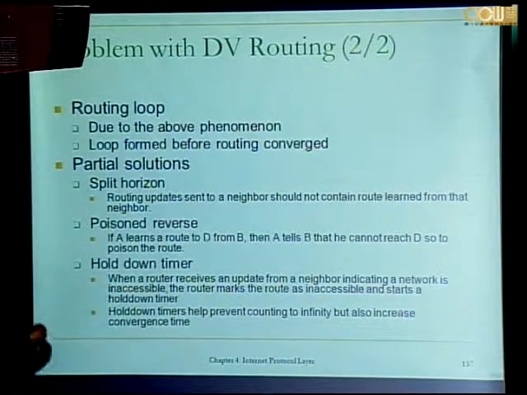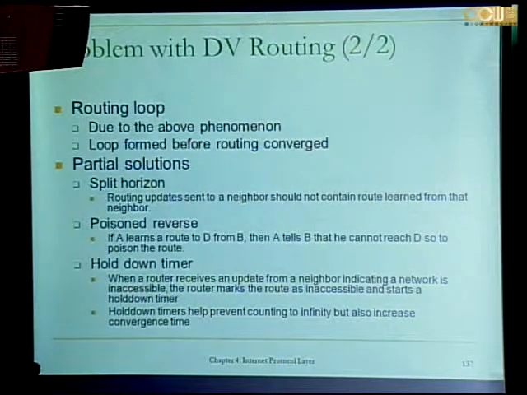And Poison reverse is similar. It says that if A learns a route to D from B, then A tells B that it cannot reach D, so as to poison the route.